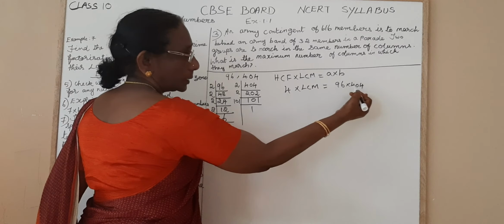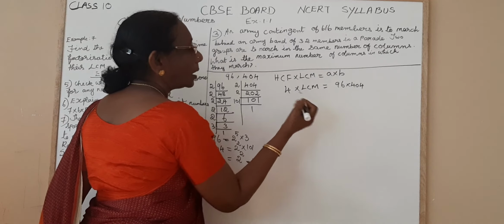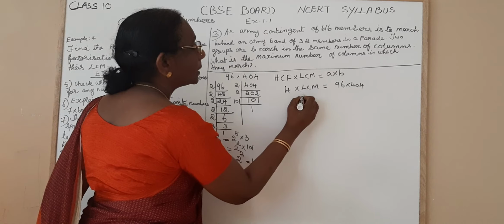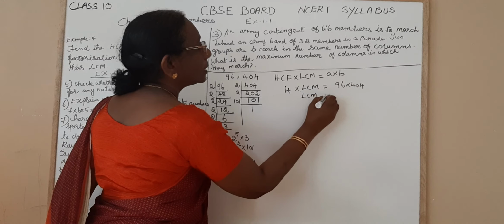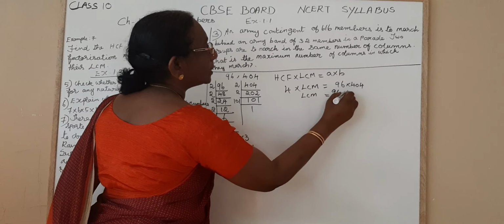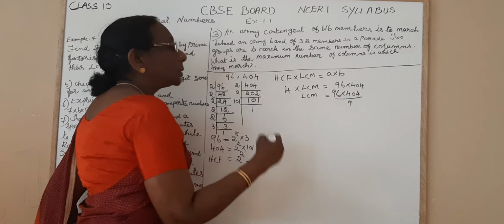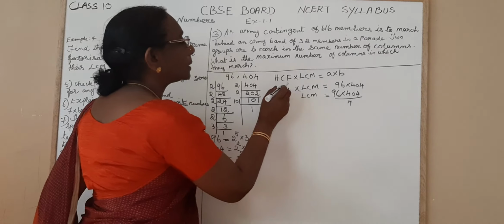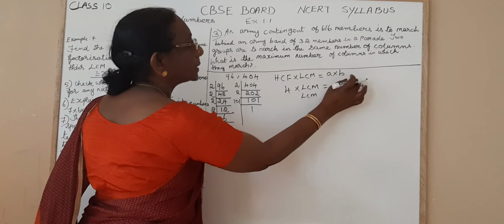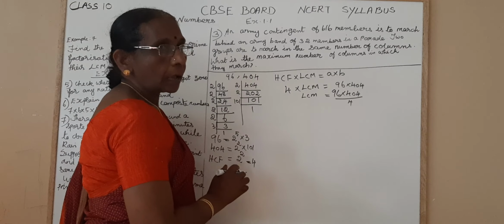Now you can cancel straight away, or if you want you can write one more step and write LCM is equal to 96 into 404 by 4. Children, when you are doing in a hurry, you can avoid this step.